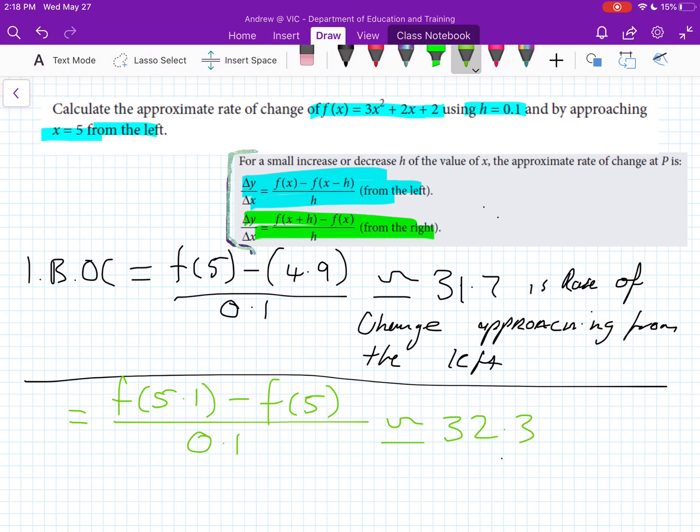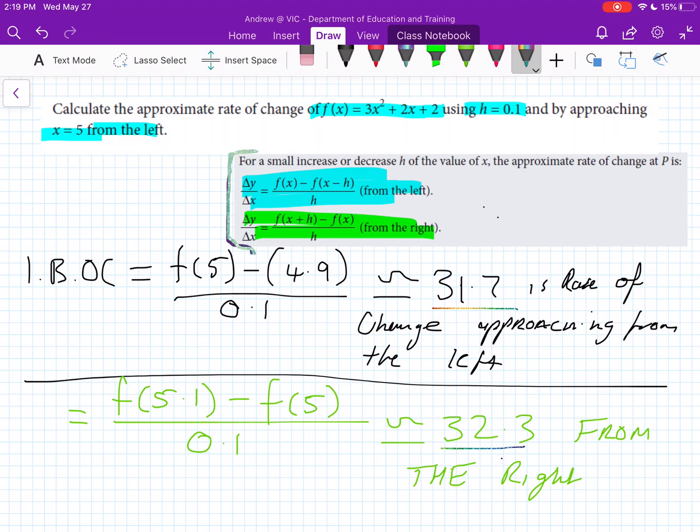So yet again, you'll notice that these numbers here aren't the same. Okay, and I'll just say this is from the right. So you will notice these numbers here are not the same. Okay, it's an approximation of instantaneous rate of change.